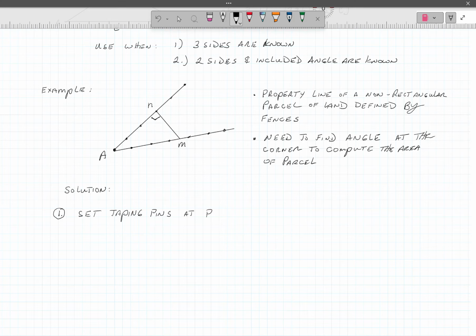At points M and N. Okay? And these are arbitrary, which means randomly put along the fence line. Okay?